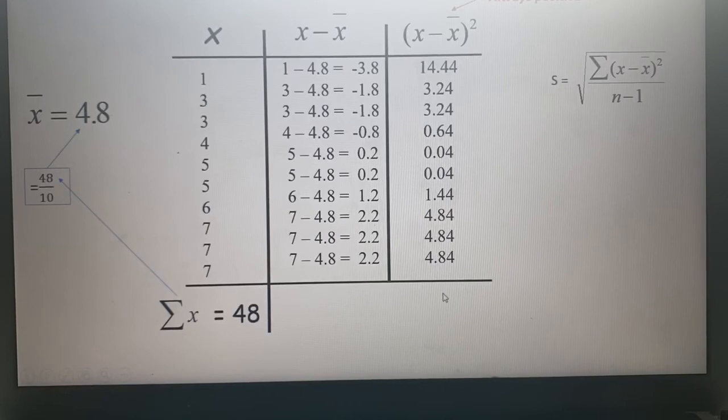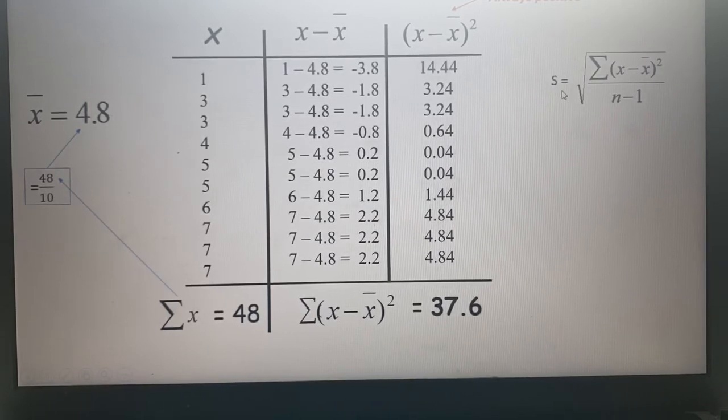The important number at the bottom is the sum, the total of this column. That's the number we're going to use for our formula. The total, our sum, which is sigma of X minus X bar all squared, is where we add up all these values and we get 37.6. So 37.6 is the number we're going to use in our formula.